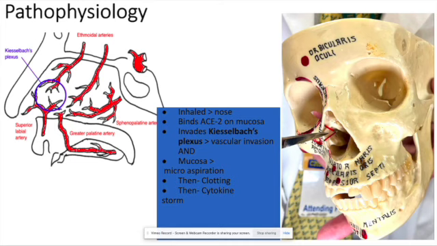It binds to the angiotensin converting enzyme receptors, the ACE receptors, and from there invades the blood vessels. If you were to look on the right side of the skull I'm holding, you'll see I've indicated that area where what are known as emissary vessels, because they go back into the cranial nerves are found.